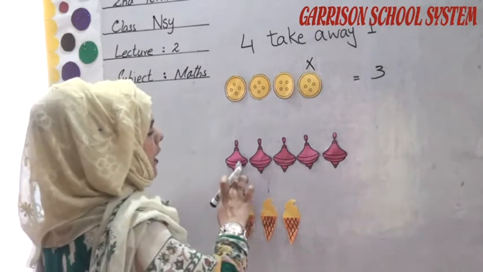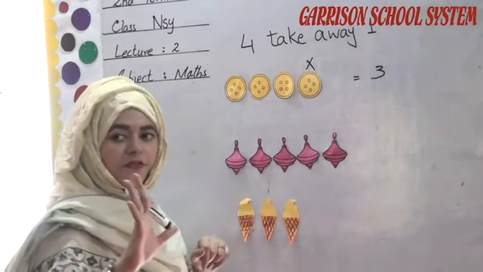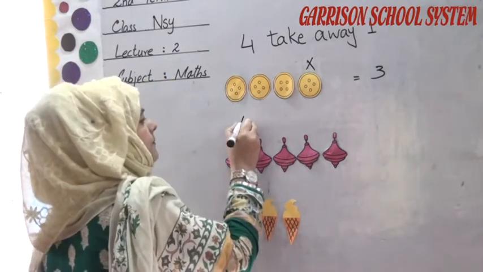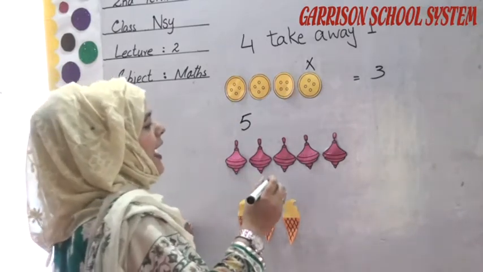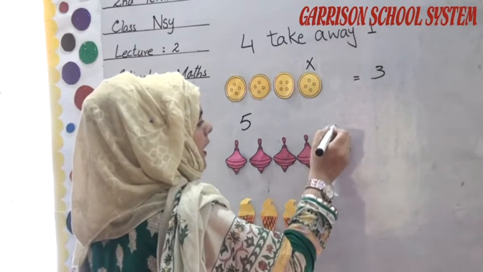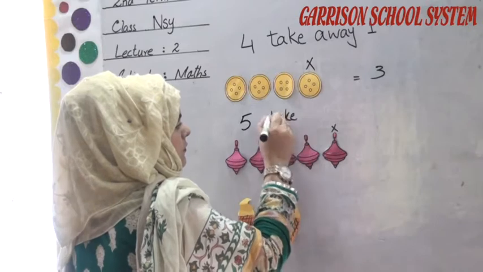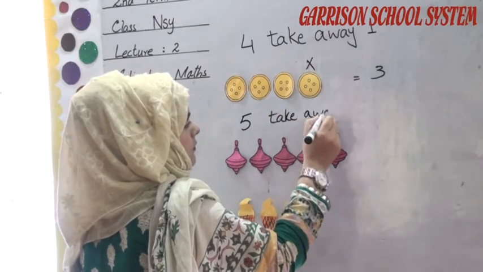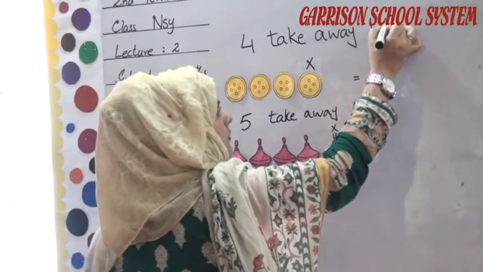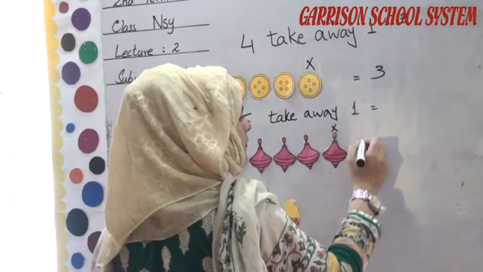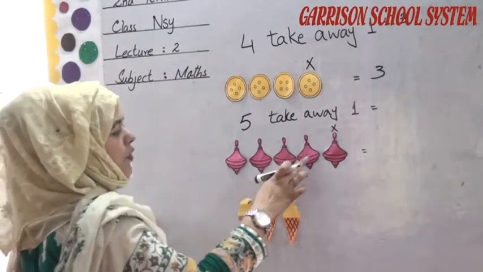So these are 1, 2, 3, 4, 5. We have 5 tops, and if we take away 1, so 1, 2, 3, 4, 5.